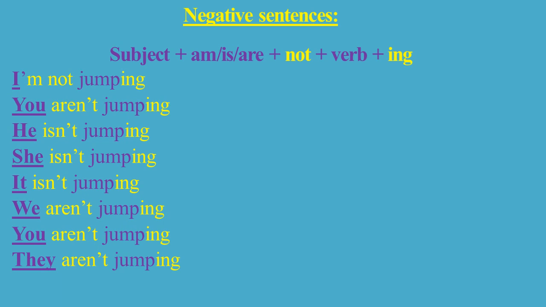They aren't jumping. So these are all present continuous tense sentences. And we may see that is and not were contracted to isn't, and are and not were contracted to aren't. Memorize that, please. But that doesn't work with am. We never contract am and not.